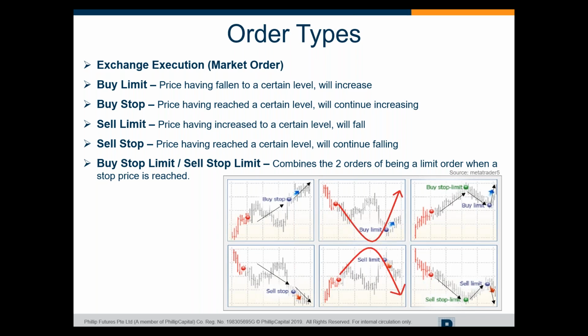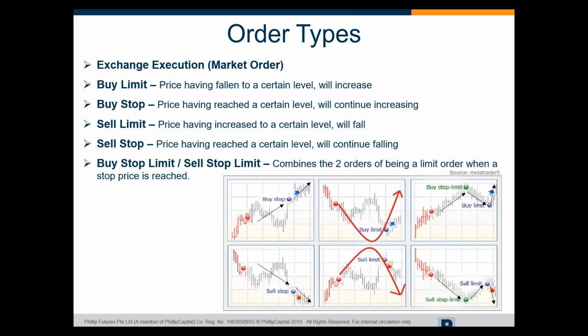Similarly for the sell stop, it's exactly the same, just in reverse. The current market price is the red dot. If the market price drops, it will open a sell position for you, and you hope that the price will continue going down. The buy stop limit and the sell stop limit are a bit of an unusual order type. Usually we see more people using the first 4 order types. For these, you have to input 2 different prices.